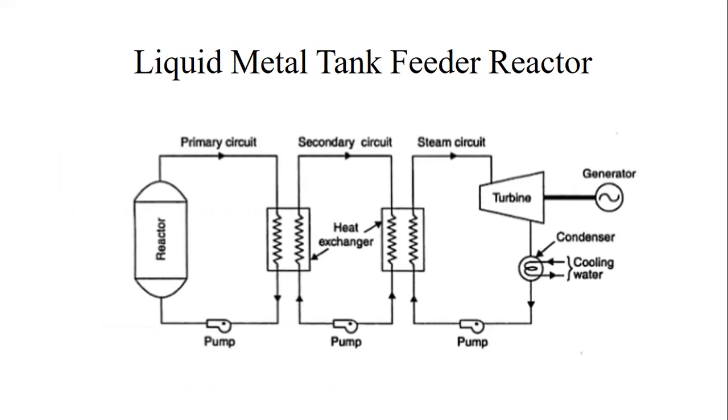First, we will see the liquid metal fast breeder reactor. Fast breeder reactors are designed to create or breed new fissile material while producing useful electrical power. Most produce fissile plutonium from the fertile uranium-238.